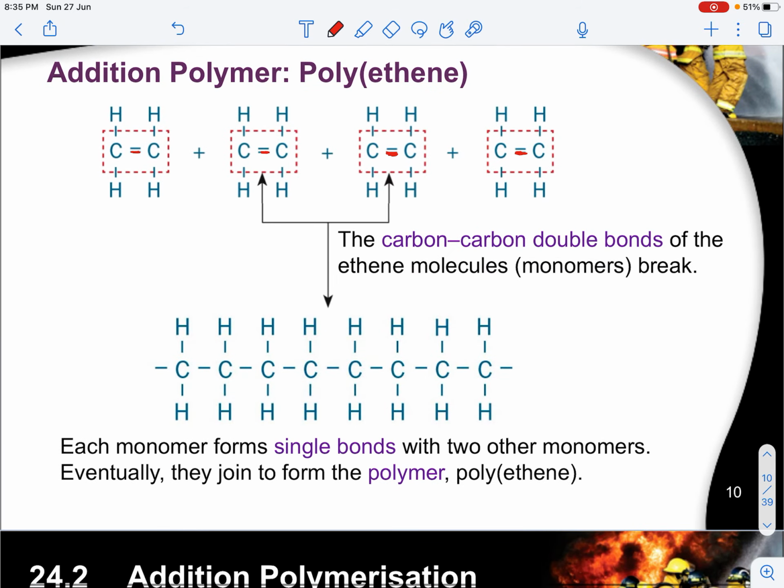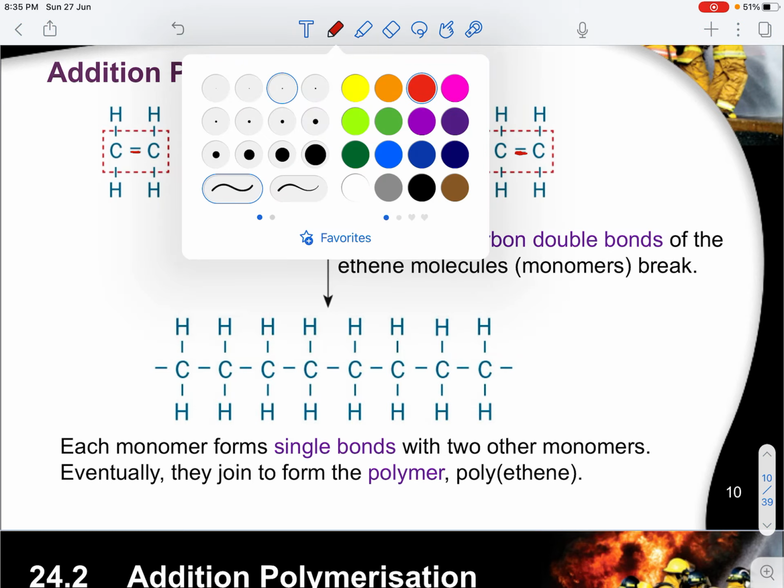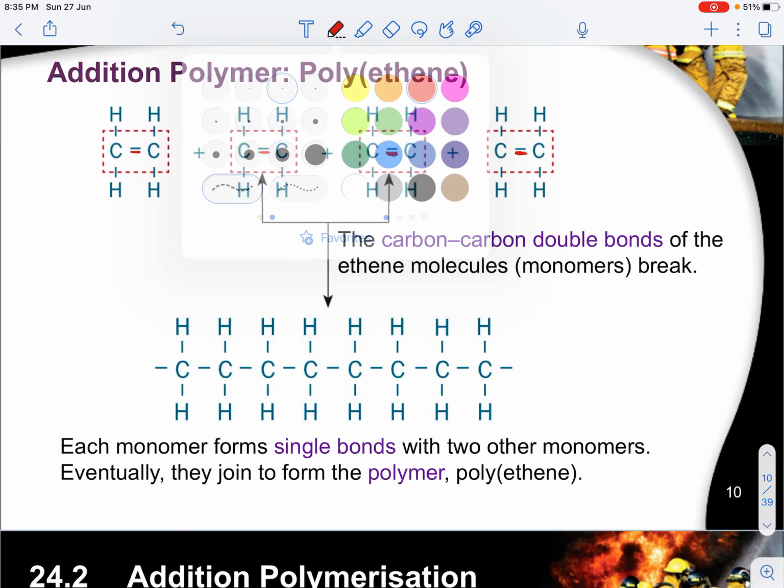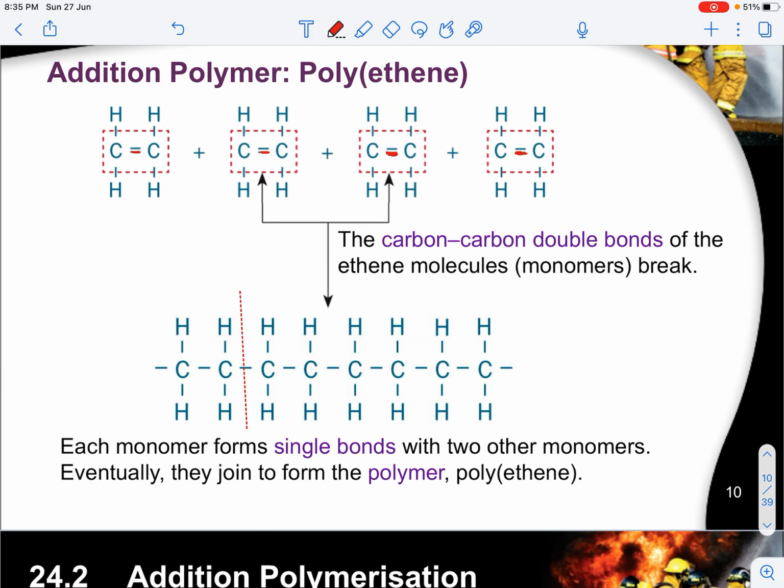This single bond will then be joined with the neighboring monomers to form single bonds, so that you can have things like this. And if we draw this line, you will be able to see the repeated units. This is one repeated unit, this is another repeated unit, another one here. So you can see 4 repeated units.